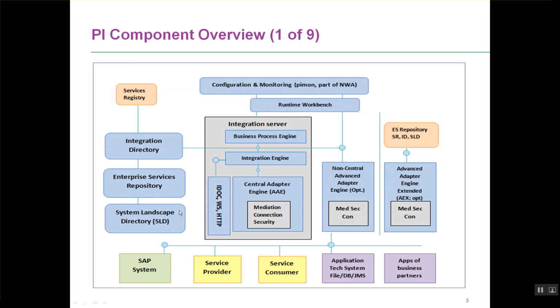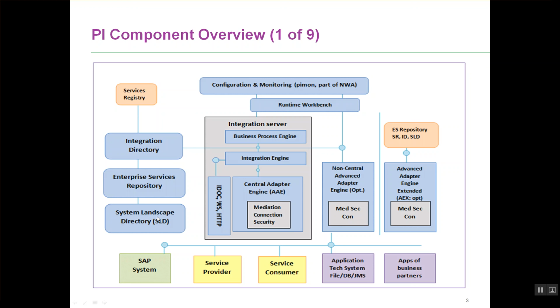So PI understands what all systems are there in a particular customer's landscape, is able to connect to them, and understands what their products are, what software components they have, and so on. At this point, what is essential for you to understand is that SLD is like a phone book that contains all the systems in a customer's landscape, which register themselves on the SLD so that PI can use that information when exchanging messages with these systems.